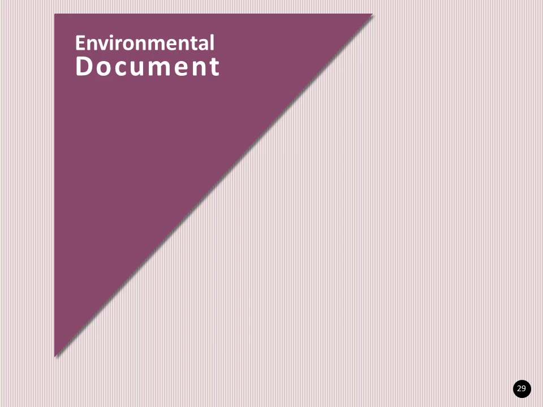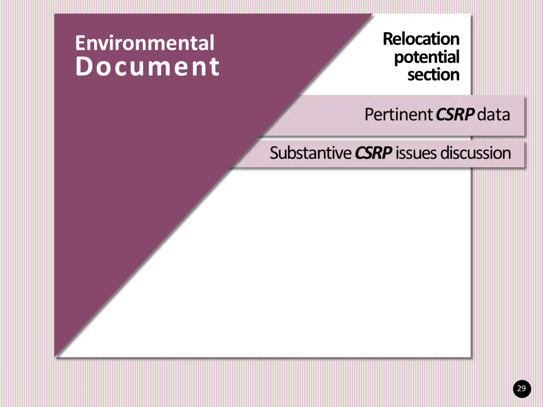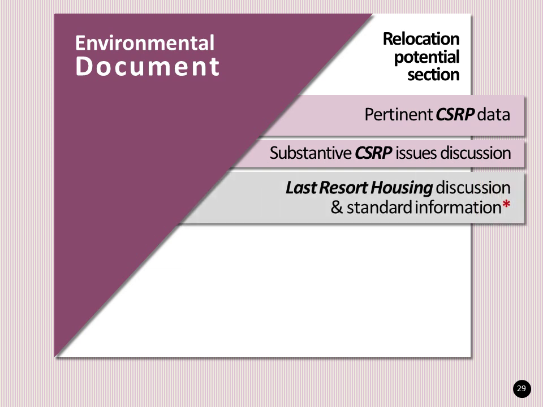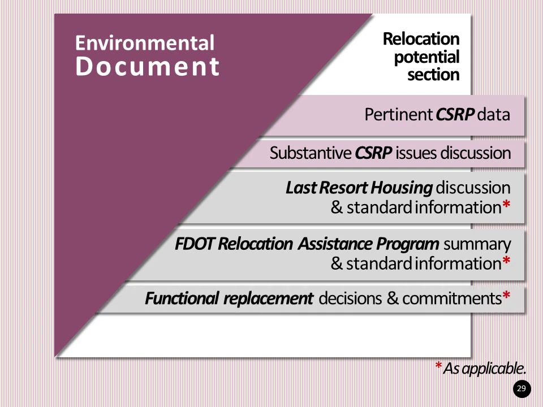When relocations are indicated by the SCE evaluation, the environmental document must contain certain information in the section addressing relocation potential. This includes pertinent CSRP data and discussion of related substantive issues, the estimated number of households requiring last resort housing, and standard information from the PD&E Manual, a brief summary of FDOT's Relocation Assistance Program and standard information, the results of discussions and decisions concerning functional replacement.